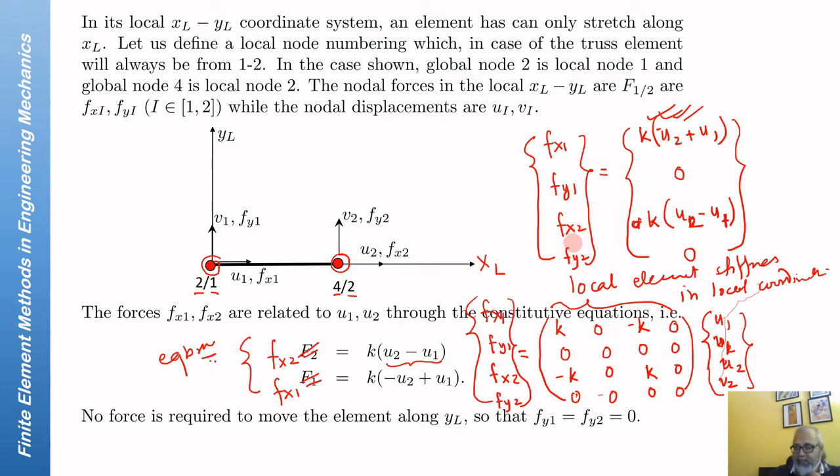If I had changed this ordering to say Fx1, Fx2, Fy1, Fy2, I could have done that, but then this matrix will change, and columns and rows will get transposed. You have to finally get these equilibrium equations out of it. So if you change the order, the stiffness matrix will change.